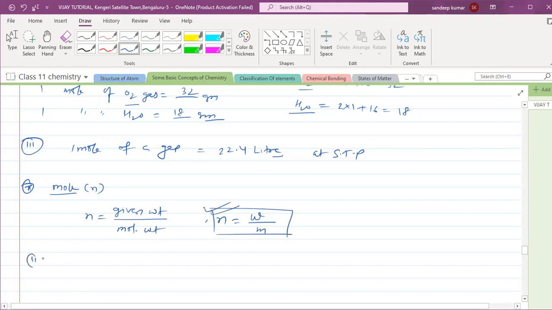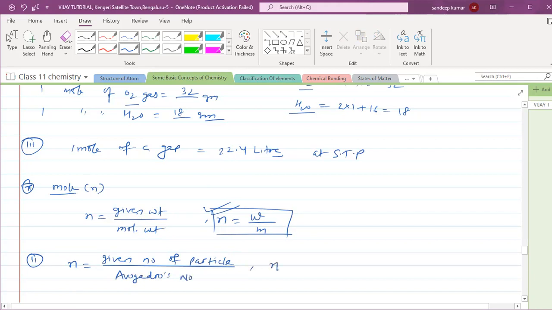Okay, second formula. Number of moles is equal to what? Given number of particles by Avogadro number.